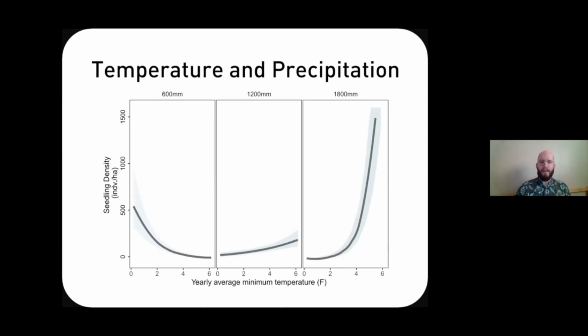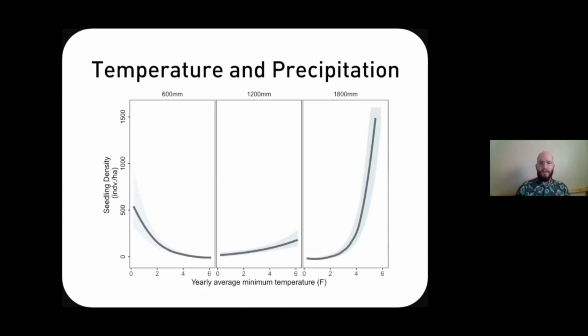In the dry areas, hotter temperature drives demand for water, and those seedlings are dying when it's dry and hot. Whereas as water becomes more available, higher temperatures lead to greater rates of photosynthesis, and likely growth, and probably survival.